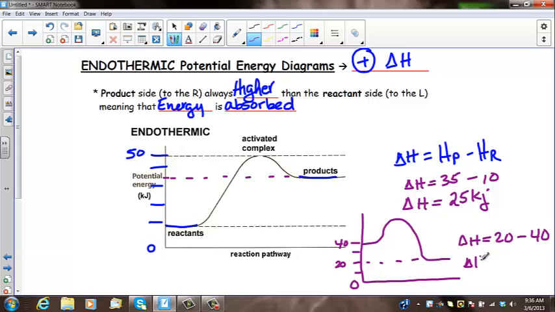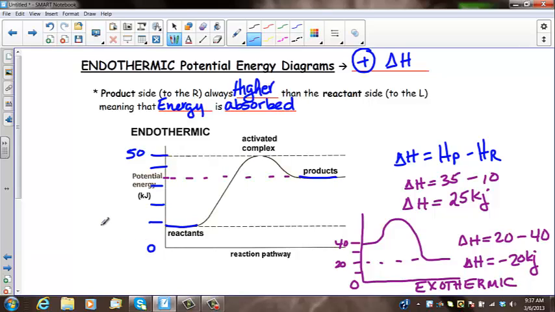So my delta H is going to be negative 20 kilojoules. So this shows you very nicely how delta H for an endothermic curve, uphill, where I'm absorbing energy, is always going to be positive because the products are higher than the reactants. But in an exothermic curve, my delta H is always going to be negative because the products are lower than the reactants, and we're always doing P minus R. P comes before R in the alphabet.